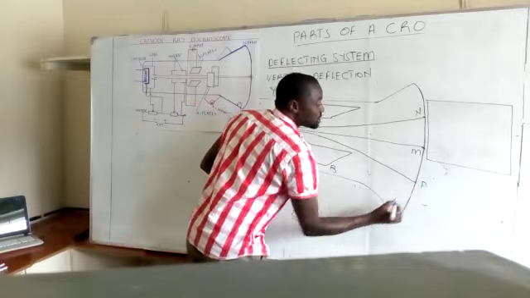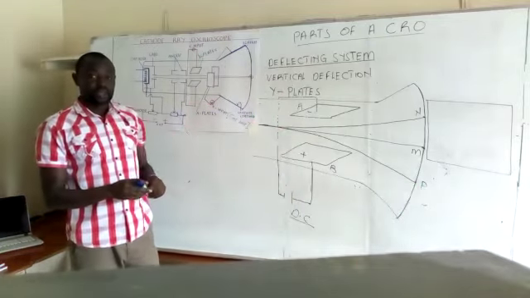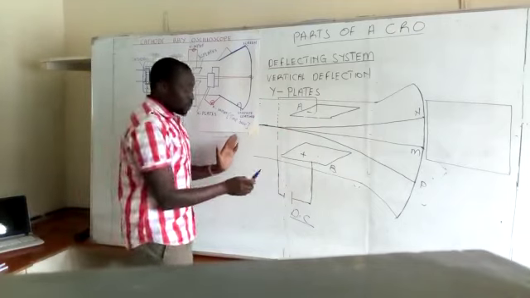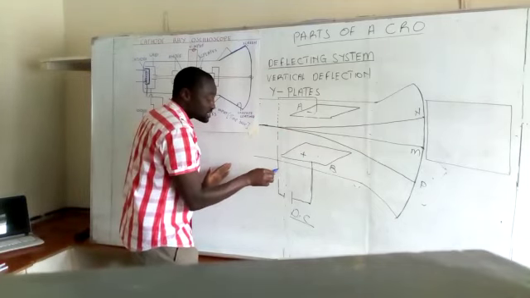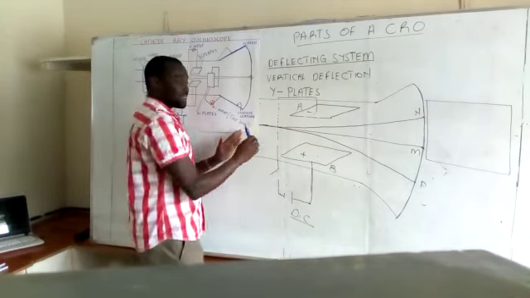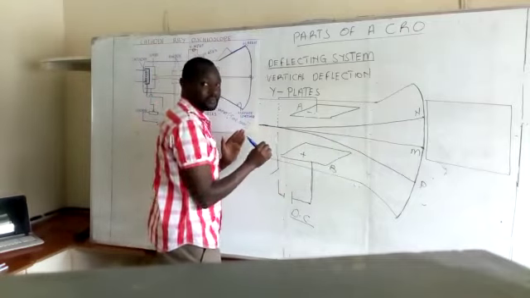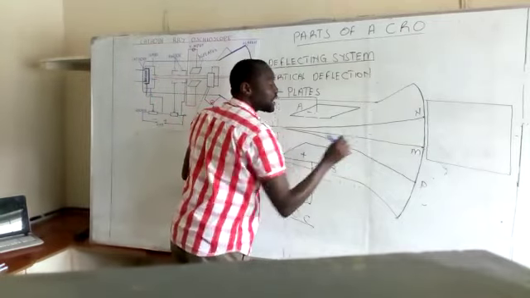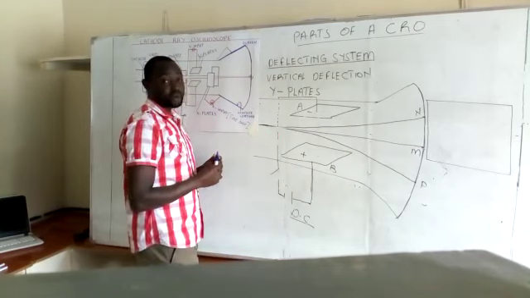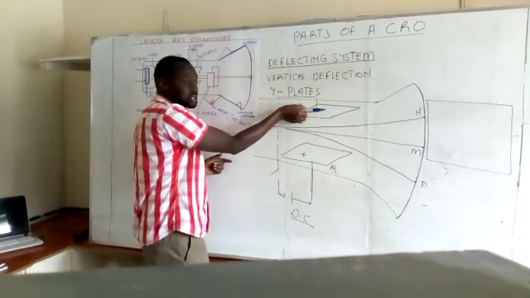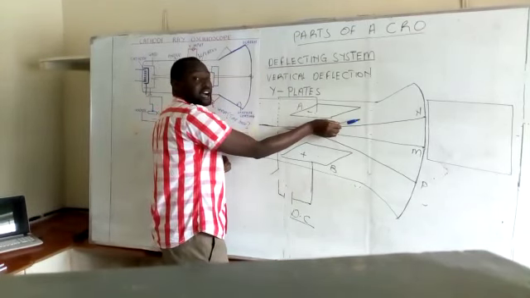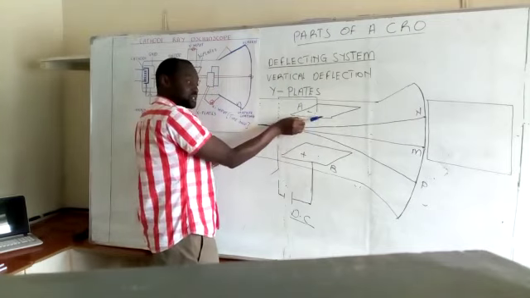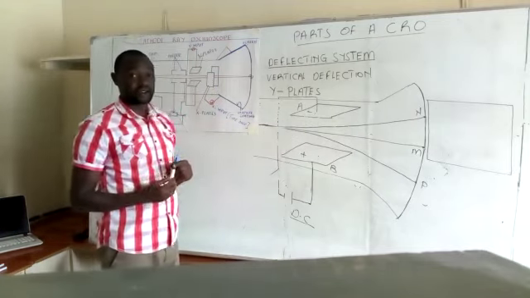Let's call this point P. Therefore, when this circuit is open, the beam will not be deflected. It will move up to point M at the central point. When A is positive, it will be attracted upwards. When B is positive, it will be attracted downwards.